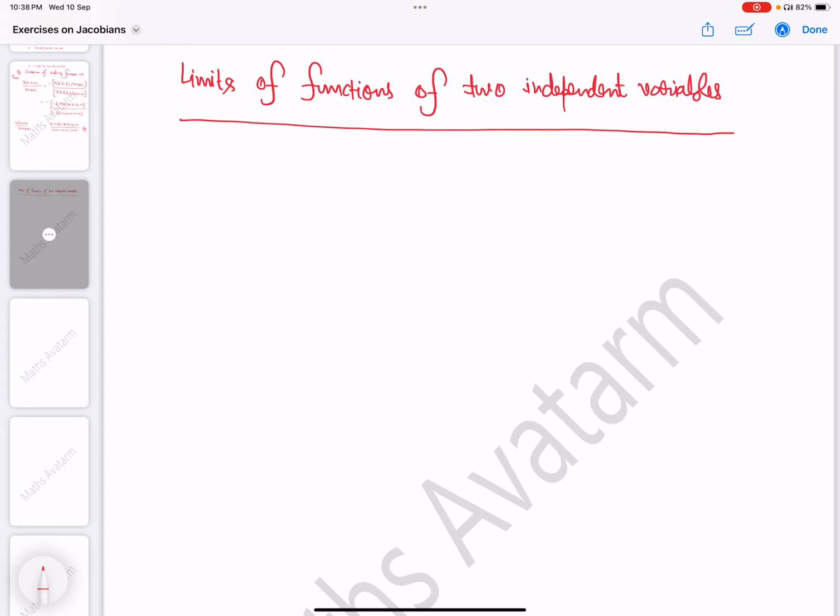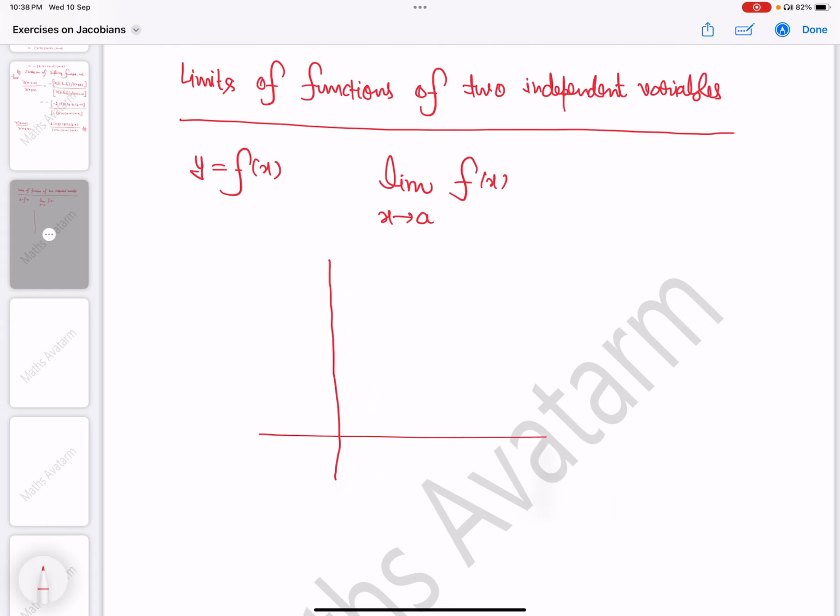Suppose we have a function y is equal to f(x) of a single variable and we have to calculate the limit as x tends to a of f(x). Okay, so this is the function f(x), and some point a is here. So we check the left hand limit and the right hand limit.